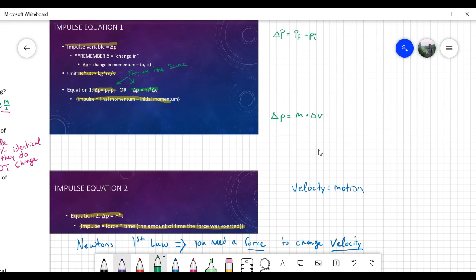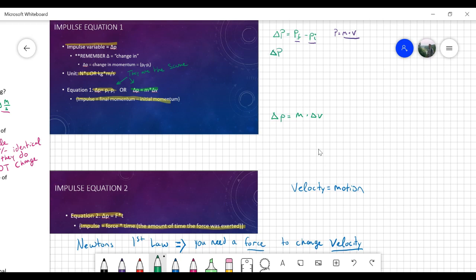Okay, what you need to keep in mind is that P equals M times V. So just momentum by itself is mass times velocity. Okay, so we can take that and substitute each of these P's for mass times velocity. Okay, so let's rewrite the equation with that substitution.